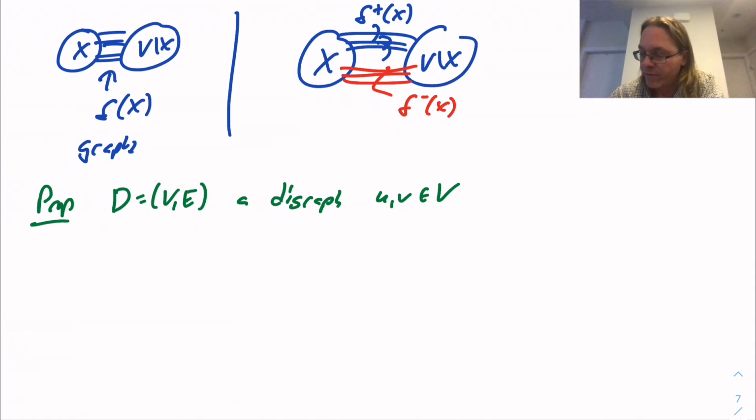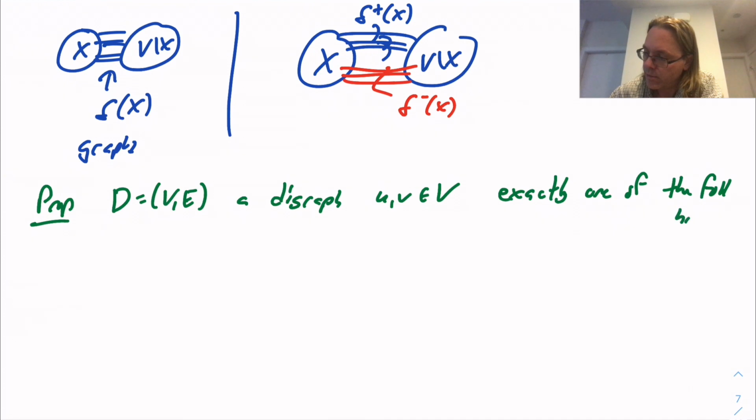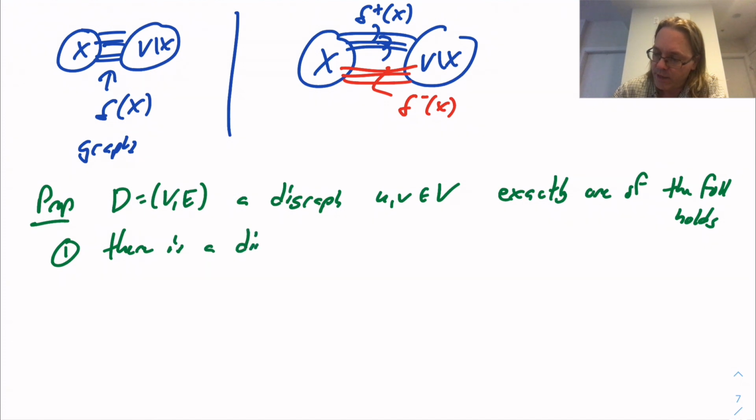So I have a digraph, I have two vertices U and V, then exactly one of the following holds. Either there is a directed walk from U to V, or there's a very good structural reason why not.